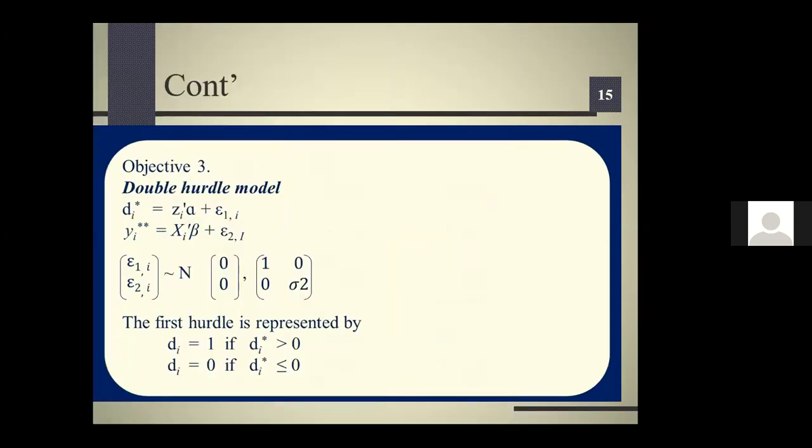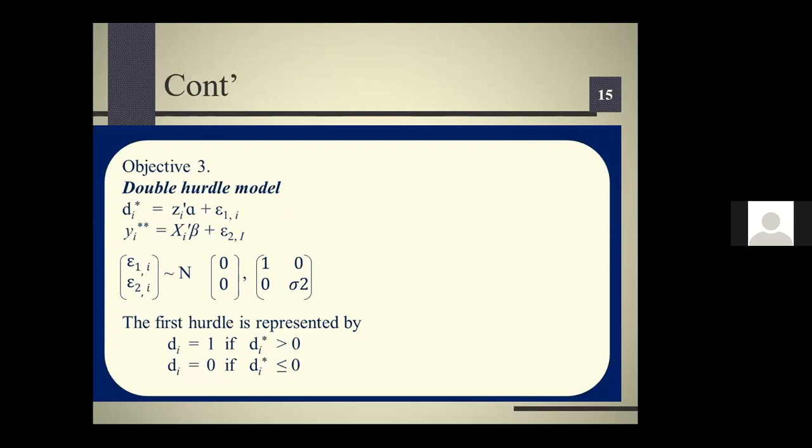Objective 3, the study will adopt a double hurdle model. The idea here is that the household will have to go through 2 hurdles. Hurdle number 1 is to decide whether or not to transition to clean cooking, or clean cooking and lighting fuels, to move away from regime 1 to regime 2. That is 1 hurdle.